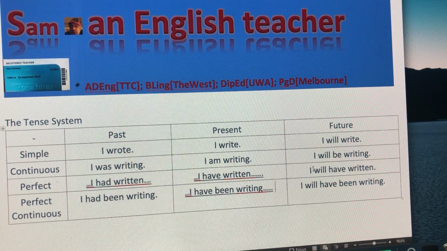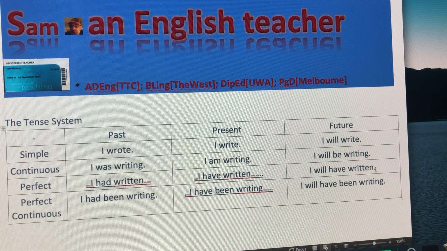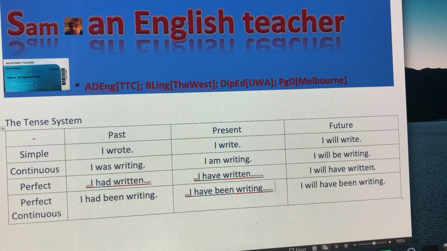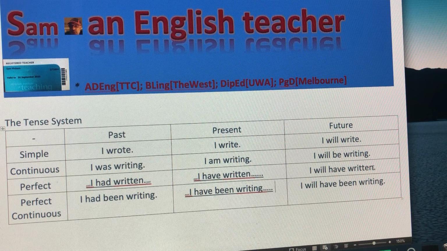Again, it has started either from the past or from now. It goes into the future, and by that time, that I say by 2021, I will have written a book. It means in the last day of 2021, December 31st, you will see my book ready to go.